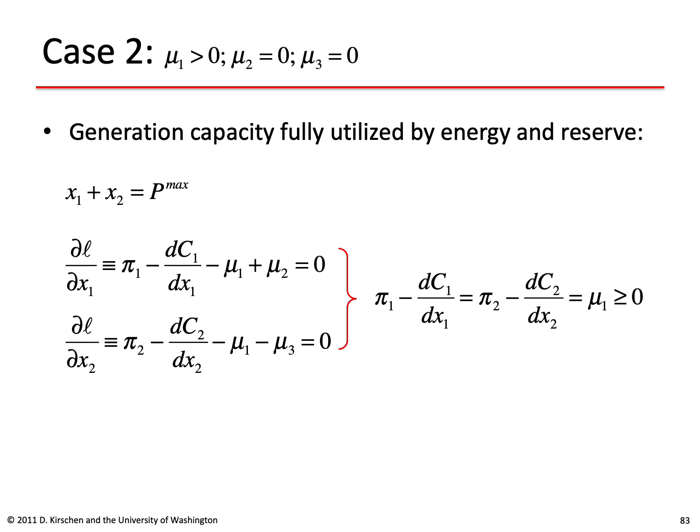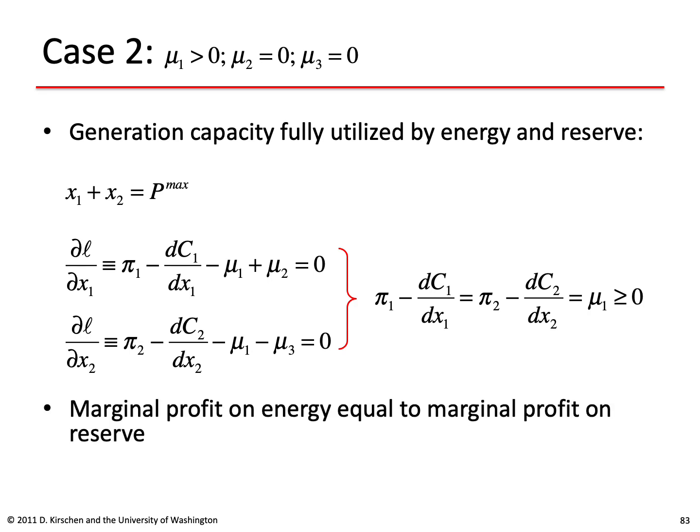Pi1 minus dc1 over dx1 is the profit that I make on selling energy, and pi2 minus dc2 over dx2 is the profit that I make on selling reserve. Therefore, this expresses the fact that the marginal profit on reserve should be equal to the marginal profit on energy.